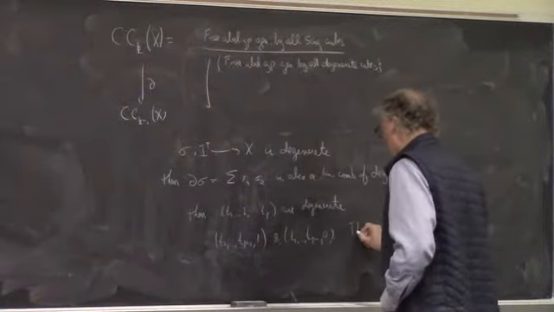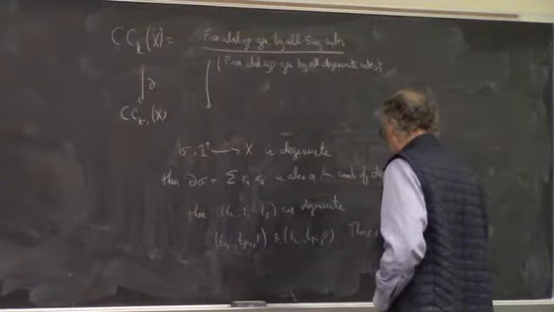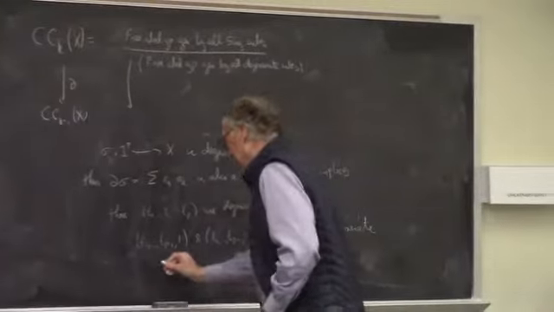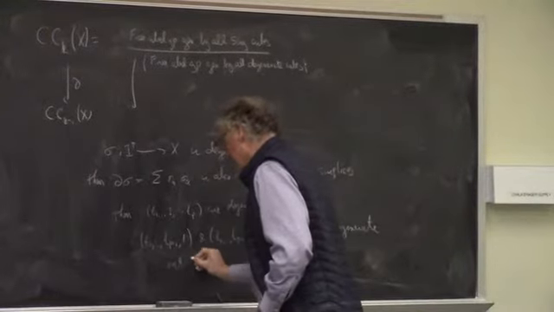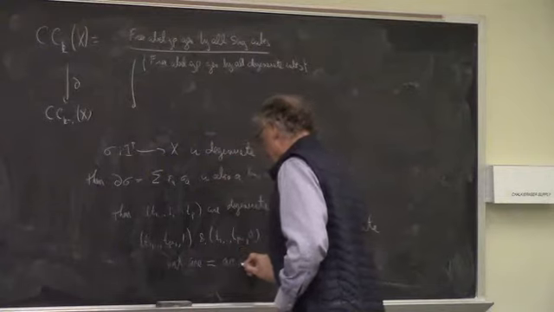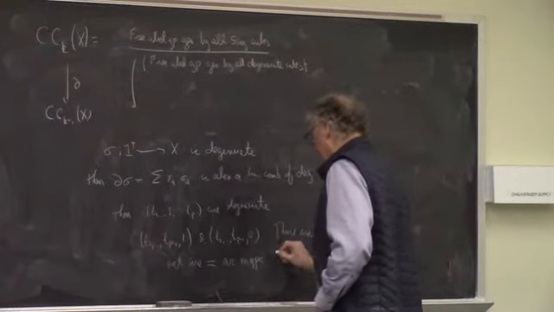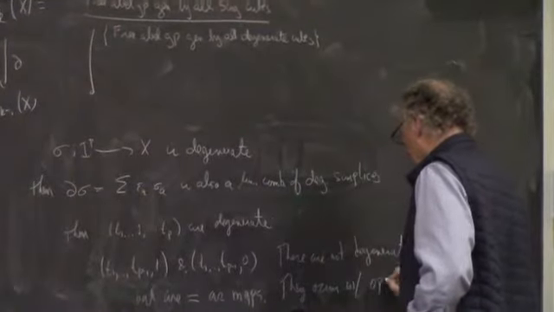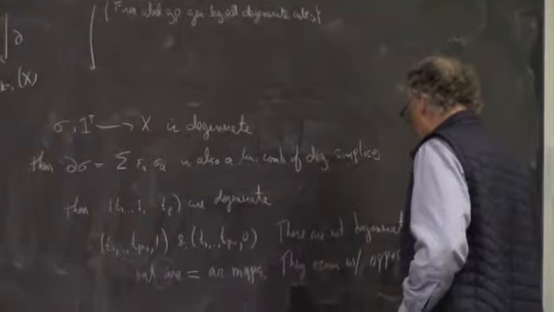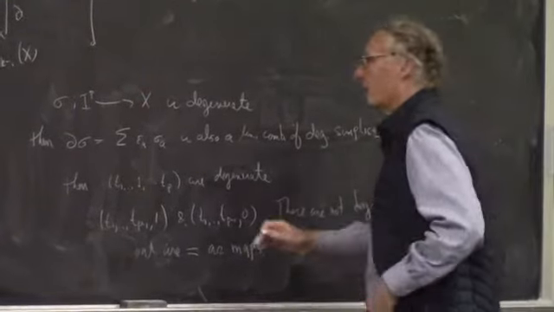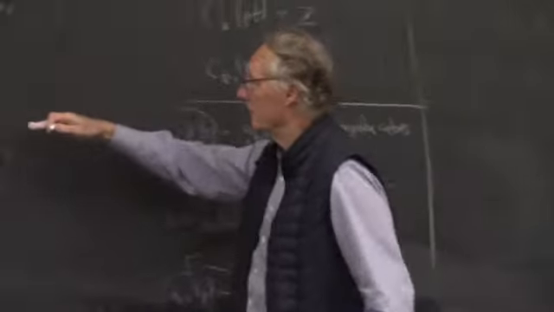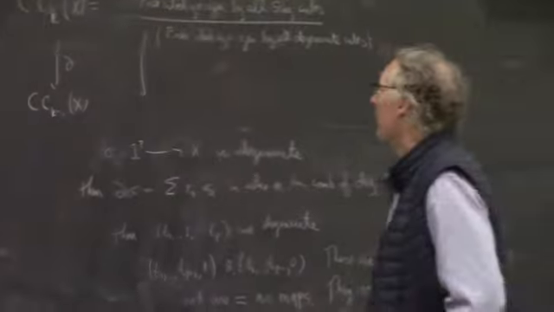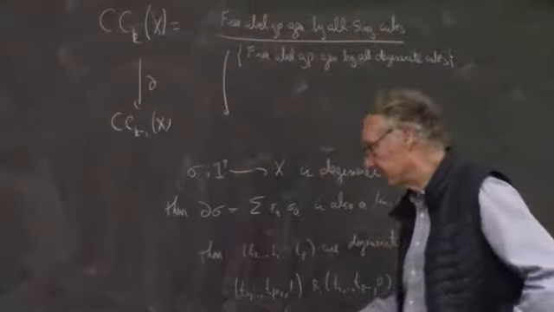These are not necessarily degenerate, but as maps, they're equal. And they go to the opposite sides: the opposite faces in any cube, one has a plus and the other has a minus. So you get a well-defined map on the quotients.